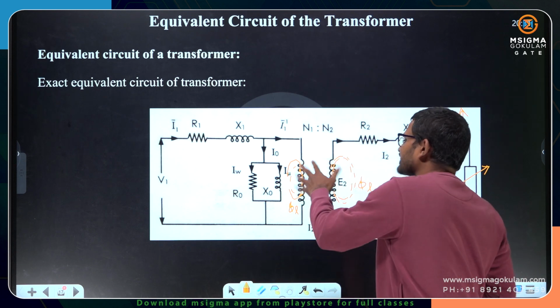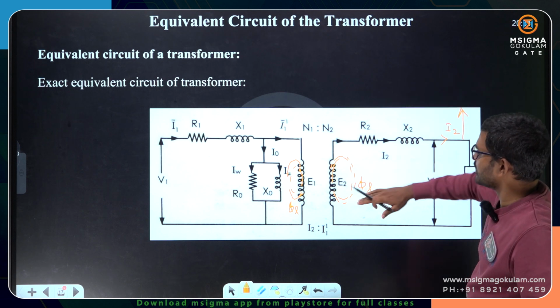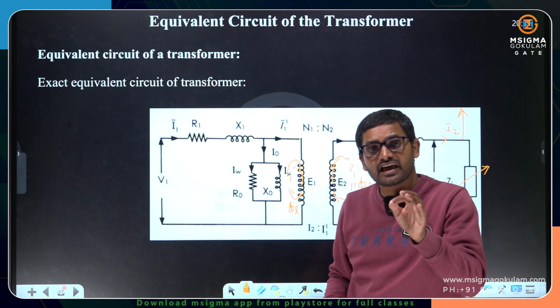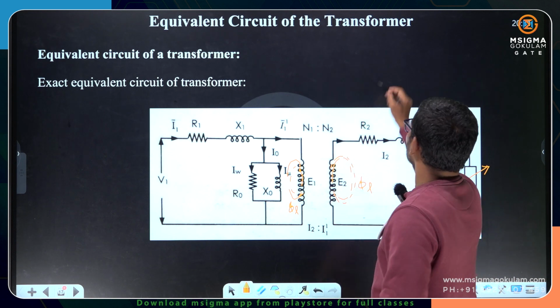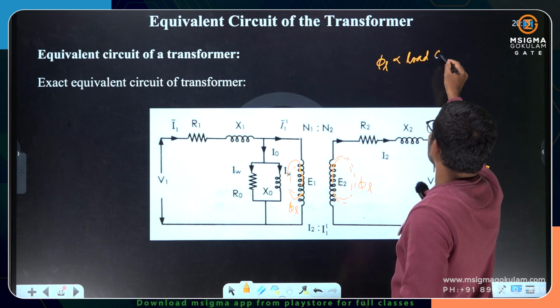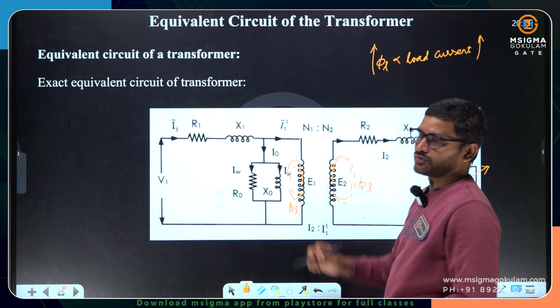This small current cannot create much leakage flux lines. If the load current increases, leakage flux lines will increase. Remember this point: leakage flux lines are proportional to load current. If load current is more, leakage flux is also more.